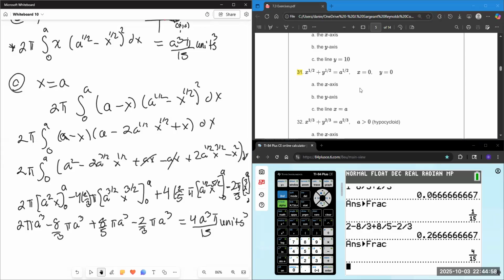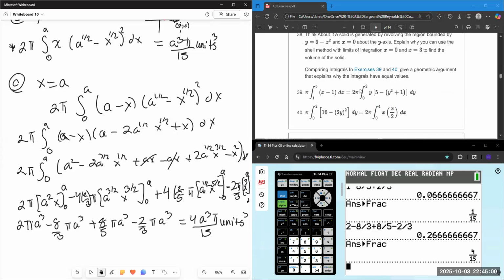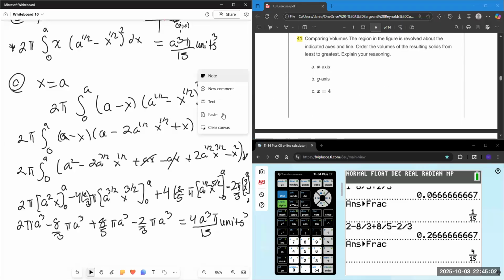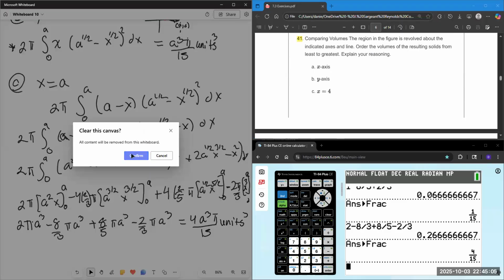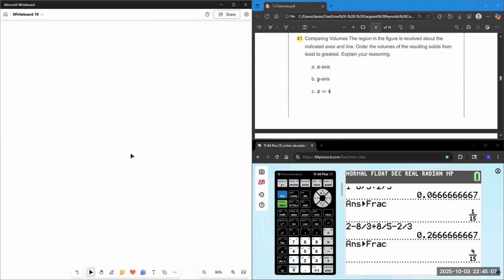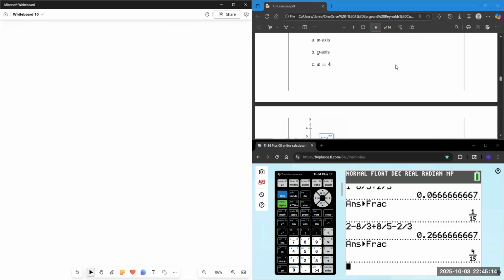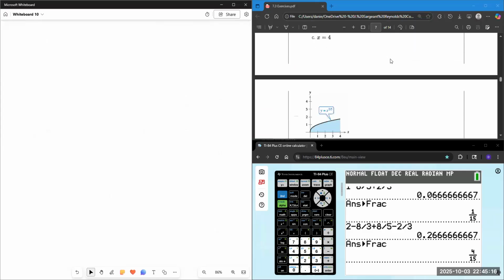On to number 41. Not only are we going to choose the appropriate method for 41, but we're going to compare our results for which one gives us the biggest volume, middle volume, and least volume. So 41 gives us a picture here to help us out and tells us that the function is y equals x to the 2/5.